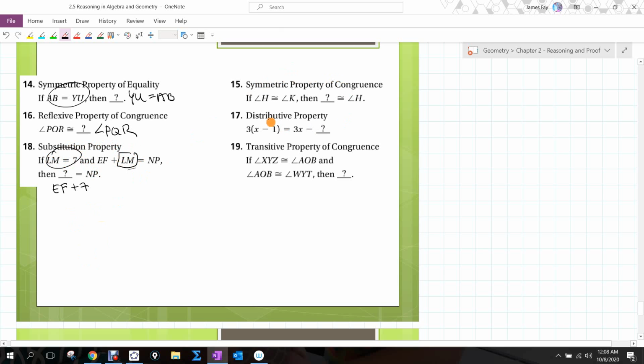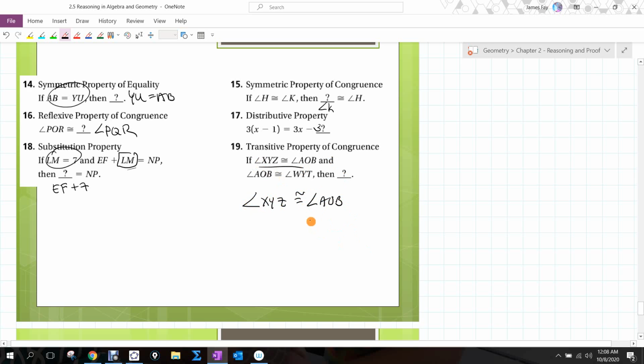Symmetric property of congruence says if angle H is congruent to angle K, symmetric property of congruence just means we flip. So then angle K is congruent to angle H. Distributive property would be 3x minus 3. Transitive property, remember, this is how I like to write the transitive property. It says angle XYZ is congruent to angle AOB. That's the first phrase here.